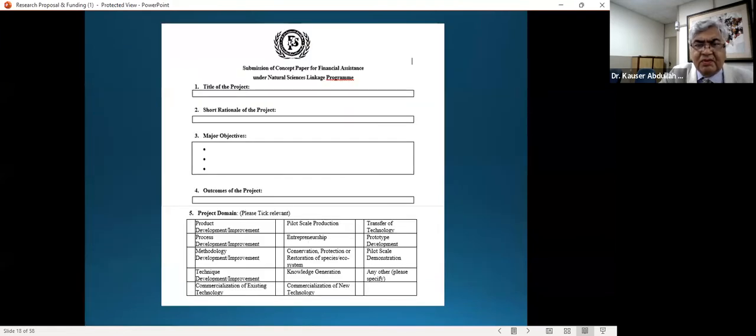These are the forms for that. You have to submit a concept note first, and once that concept note is accepted, then you are asked to submit a full proposal, you see.